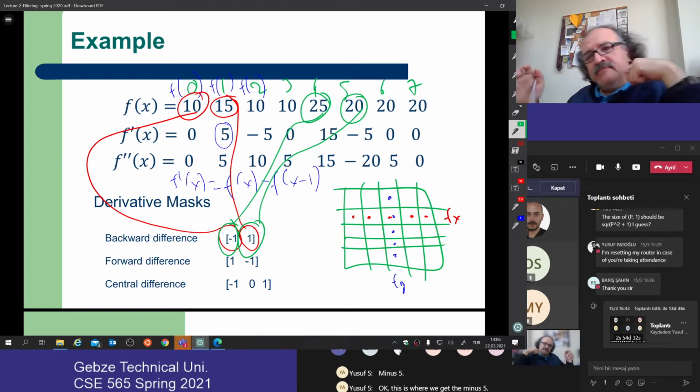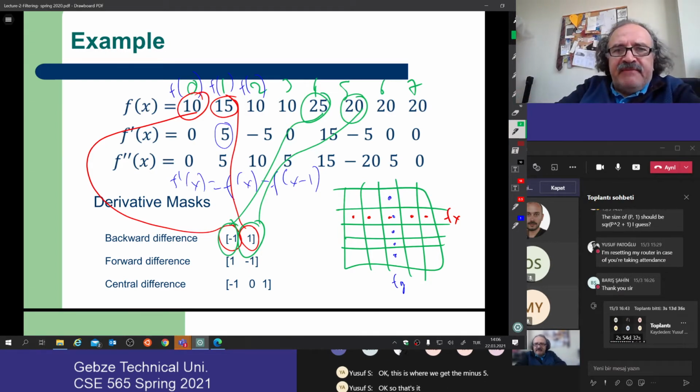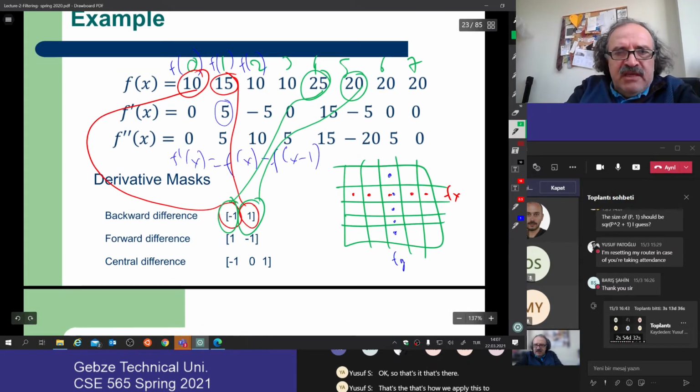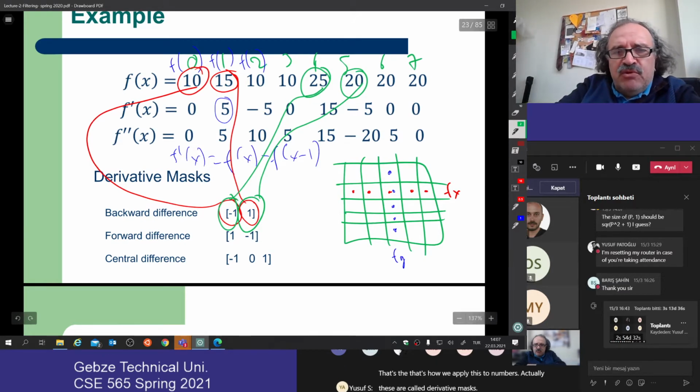So that's how we apply these numbers. Actually, these are called derivative masks. It's just 2 numbers or 3 numbers. I apply these numbers by multiplying with the original data and adding them up. There is the backward difference mask, the forward difference mask, and the central difference mask.